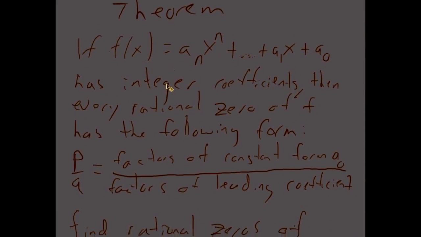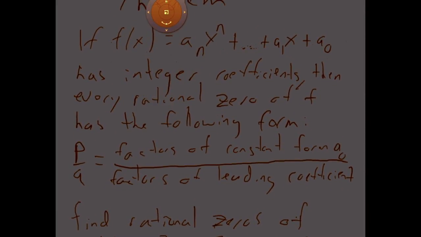Alright, so here is the Rational Zero Theorem. If f of x is equal to a sub n x to the n plus a bunch of stuff plus a sub 1 x plus constant a sub 0 has integer coefficients, then every rational zero of f has the following form: p over q.